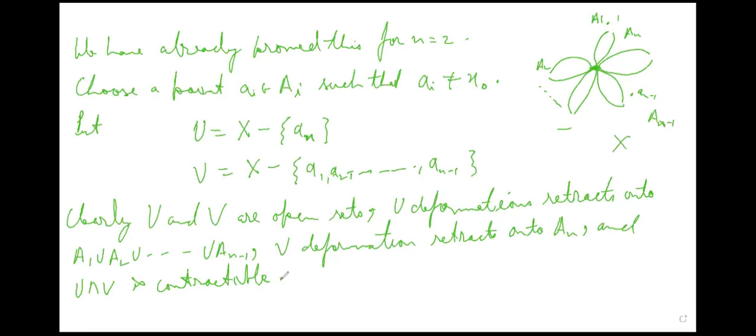So we can use Van Kampen theorem. So what you have? You have this U, right? V, right? X equal to U union V, right? And U intersection V, it is contractible, right? And hence it is simply connected.